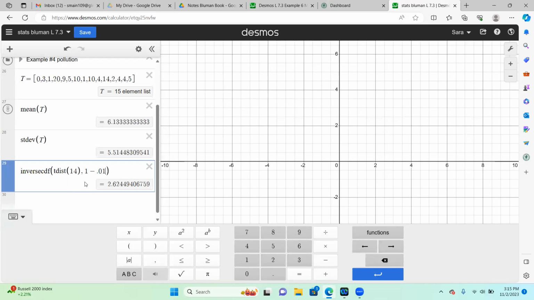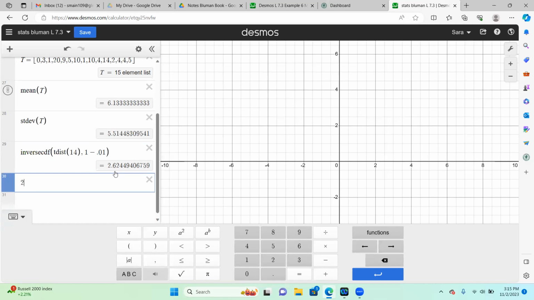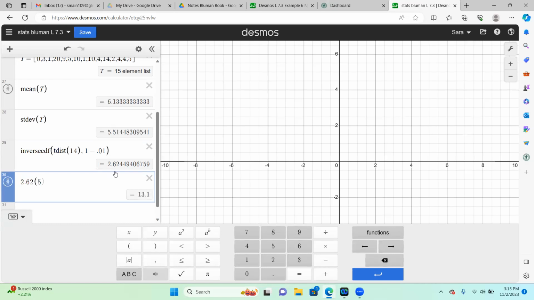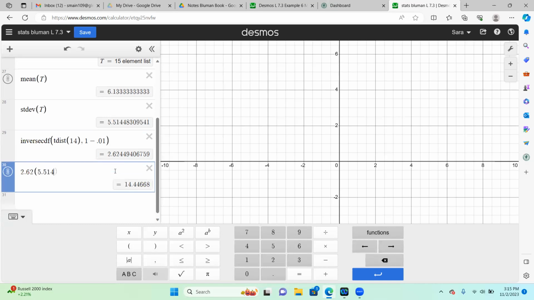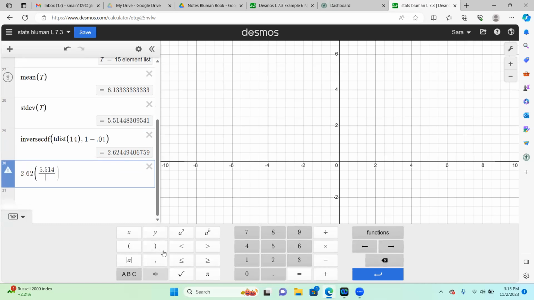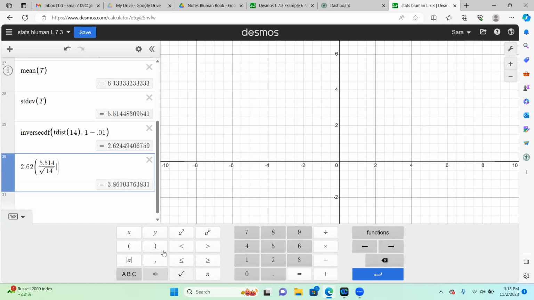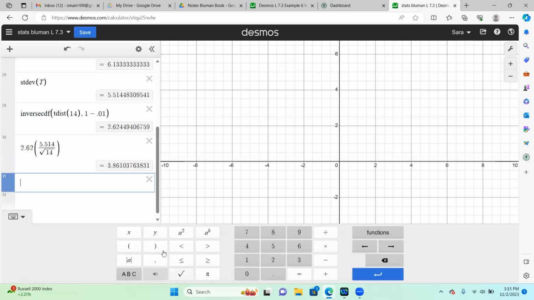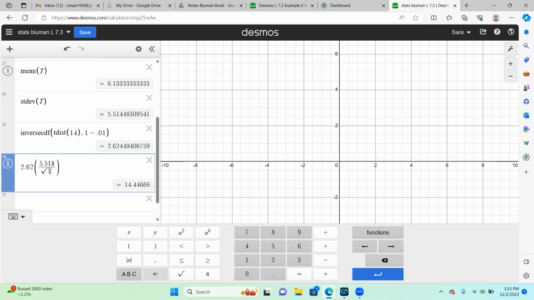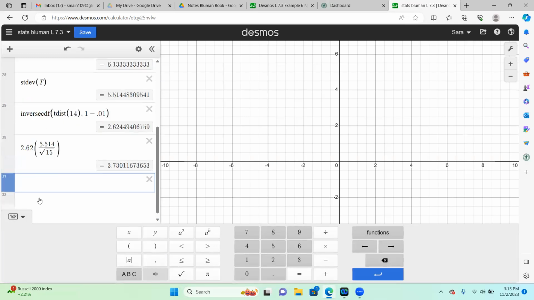And so our critical value is 2.62. So our margin of error is 2.62 times 5.514 divided by the square root of, no, it needs to be 15 RN. Sorry about that. So 3.730.